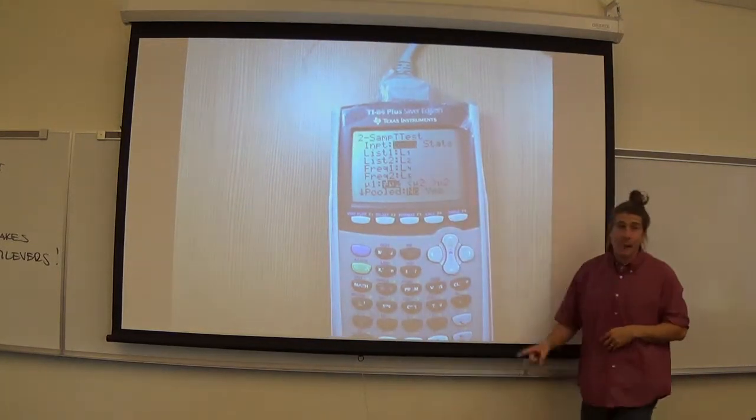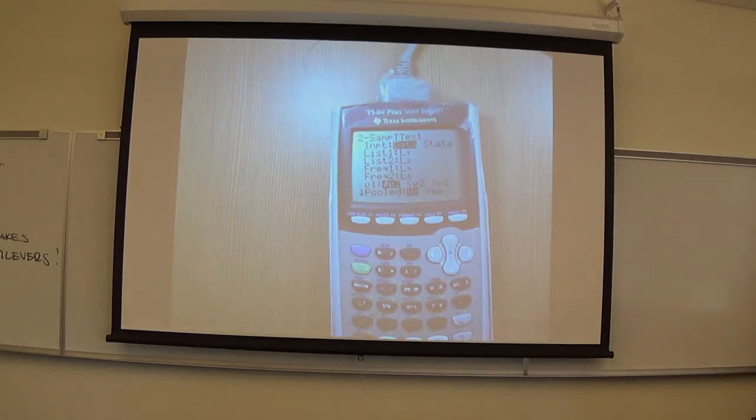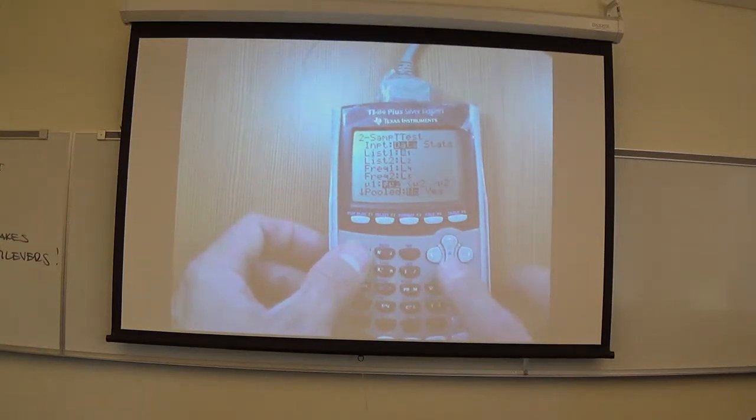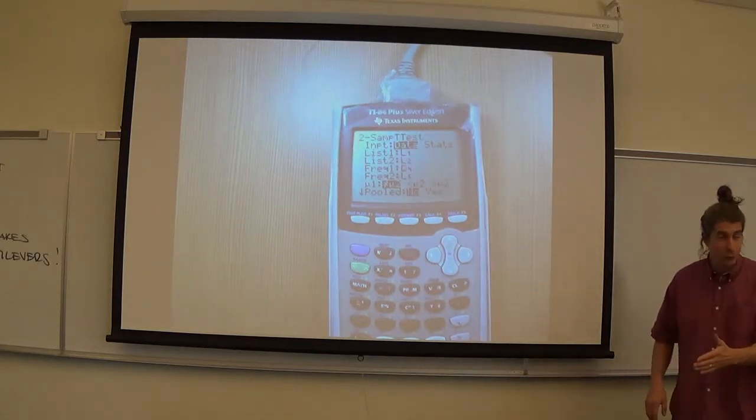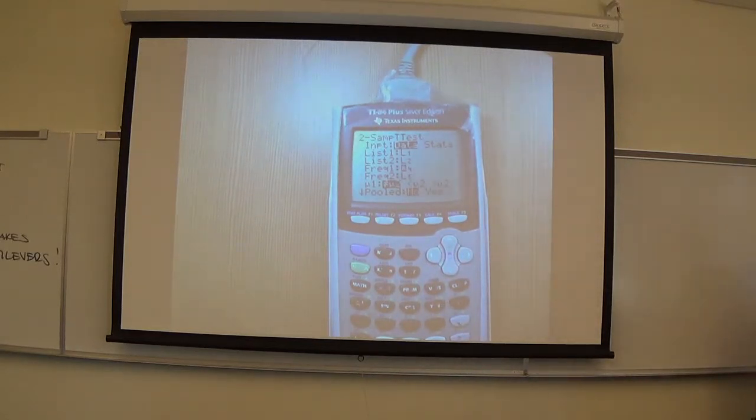Data. We've got data. Make sure you put your stuff in correctly here. List 1, list 2, freq 1, freq 2. We've got 2 sets of raw data. So our data is in L1 and in L2, for sure. L1's V-brakes, L2 is cantilevers. What are the frequencies on those?